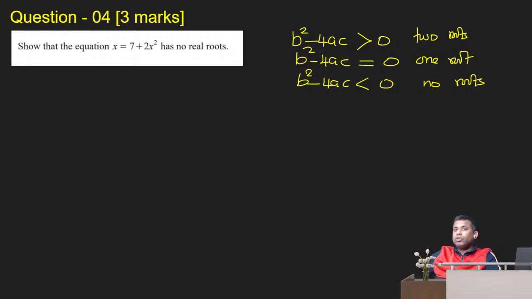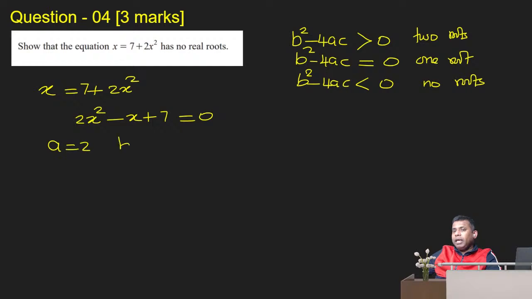That's all about it. So show that the equation, I'm writing the equation x equals 7 plus 2x squared. Rearrange everything to one side. So 2x squared minus x plus 7 equals 0, right? So you can say a equals 2 and b equals minus 1 and c equals 7.